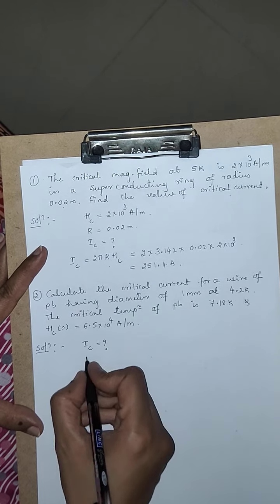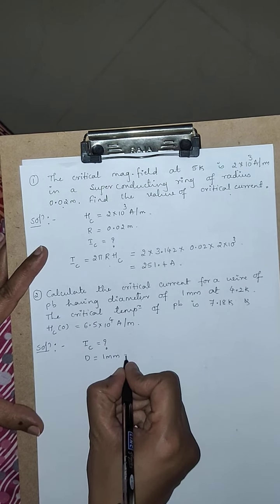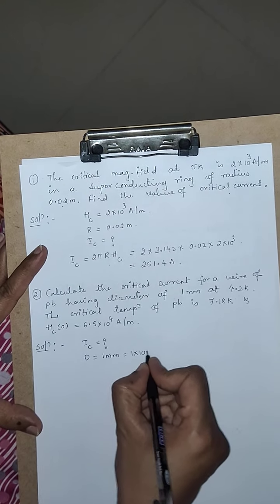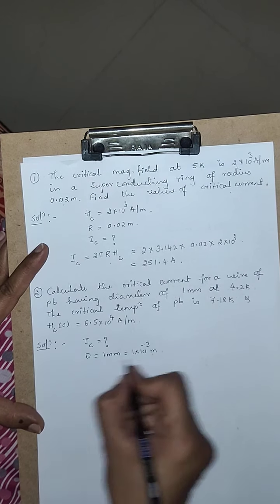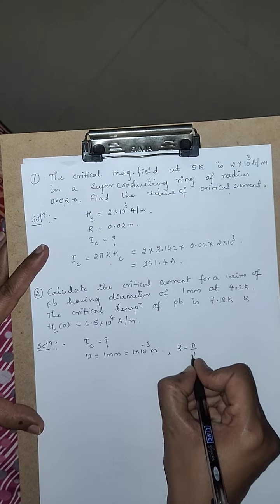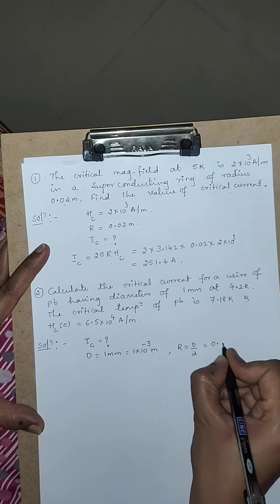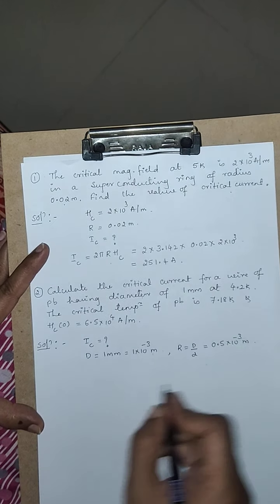Given is diameter D is equals to 1 millimeter. Convert this, 1 into 10 raised to minus 3 meters. We want radius, so radius will be r is equals to d by 2, so it is 0.5 into 10 raised to minus 3 meters.